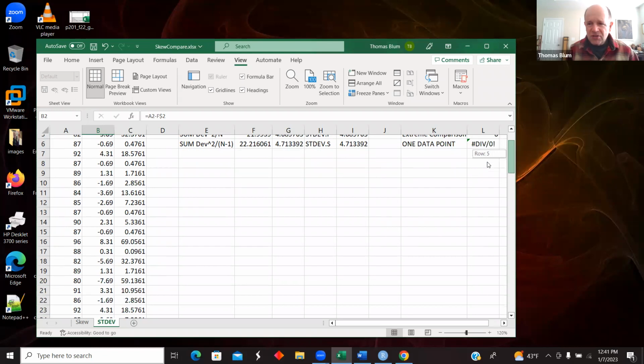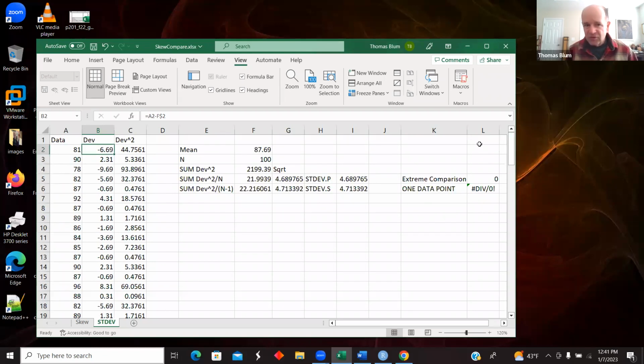Now some of the deviations are above average, some are below average. That's the definition of average, that there will be deviations above and deviations below. So we can't use the average deviation to measure the spread because that would just be 0. So the next thing we do is get positive deviations by squaring.